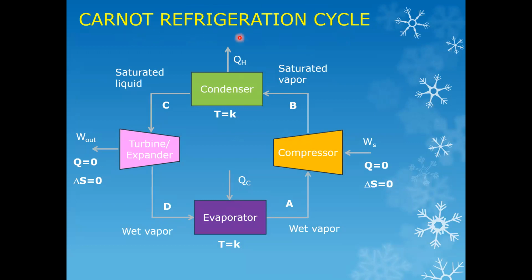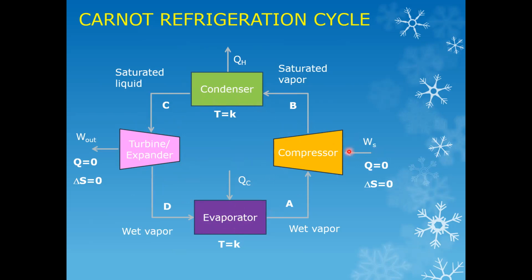Okay, next is the diagram for a Carnot refrigeration cycle. So again, we have four devices: the compressor, the condenser, the turbine or expander, but in actual refrigerators, this device is replaced by valves or expanders, and the evaporator.